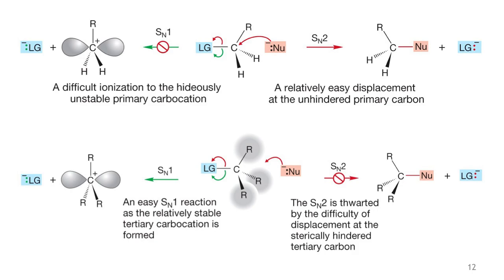Finally, if we look one more time at SN1 and SN2 on different substrates, here if we focus in the middle of the slide at a relatively unhindered substrate, it would be relatively easy for this type of substrate to undergo an SN2 reaction. The nucleophile is not impeded in any way, so it interacts with the sigma star orbital.